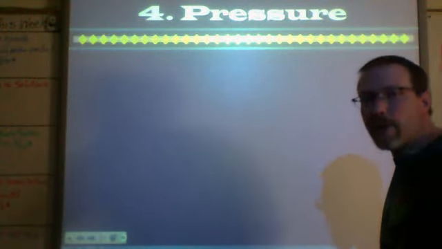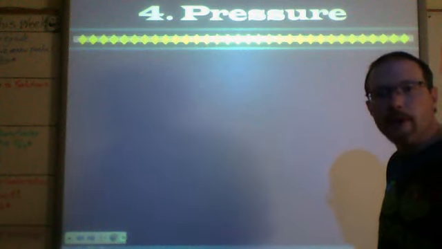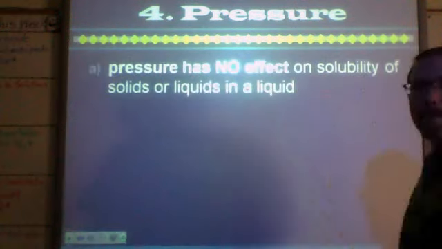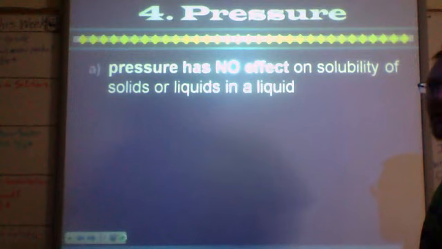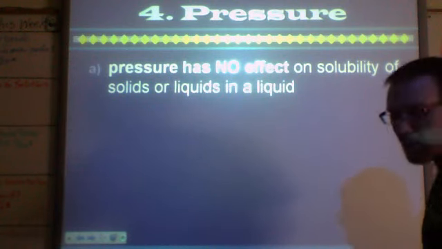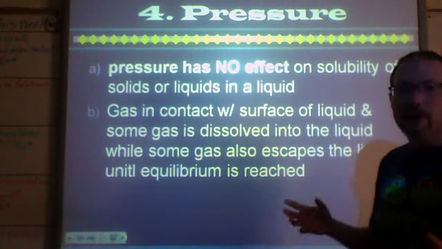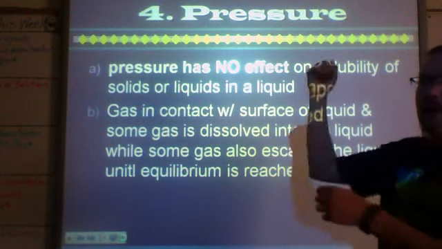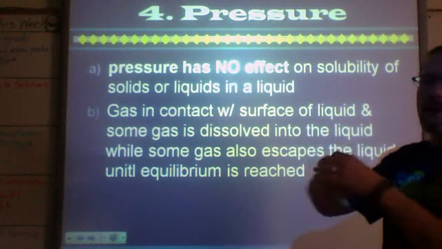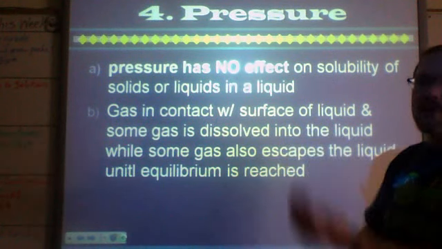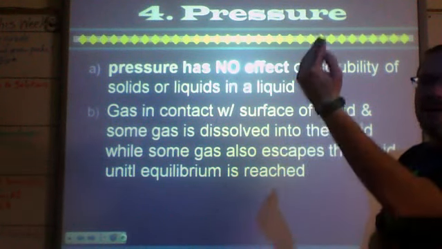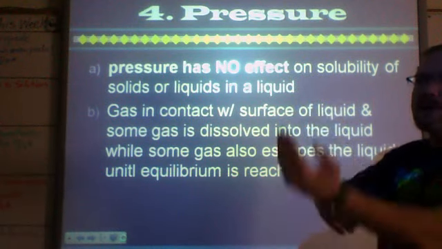Pressure is another factor that can affect the solubility of a solute in a solvent. That's if you're talking about a gas dissolved in a liquid. It has no effect on solids in liquids or liquids in liquids. It's only on gases. When you have a gas contacting a liquid, there will be gas particles that will diffuse, that will dissolve into that liquid, but they will also dissolve out of that liquid oftentimes at the same rate.